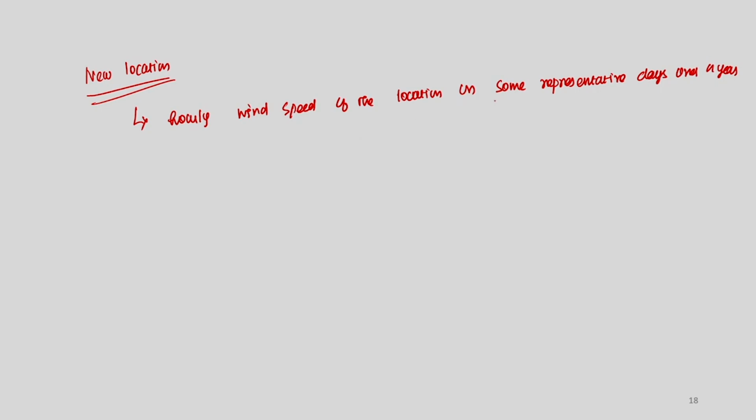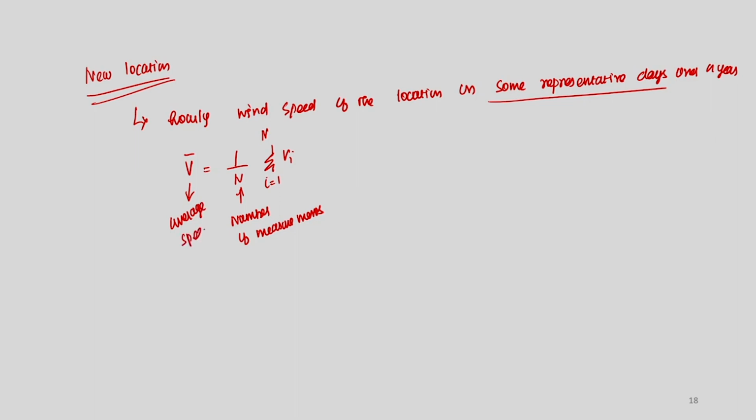Remember, some representative days. Then you find the average velocity, which is nothing but 1 upon n, where n is the number of measurements, times the summation of v i from i equal to 1 to n. This is the average speed, or average velocity, and then you calculate the standard deviation.